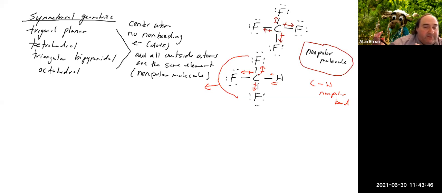You could visualize that if everybody got on one side of the rope and pulled, the whole thing would move. This molecule now goes from nonpolar, where we had all the fluorines, to a polar molecule with a net dipole moment heading toward the fluorines, being more negative, and the hydrogen being more positive in this particular case.